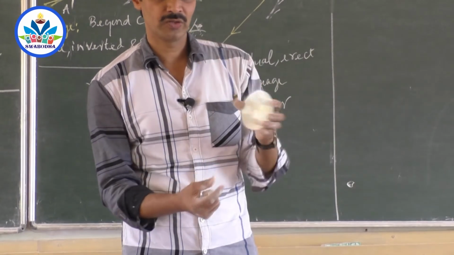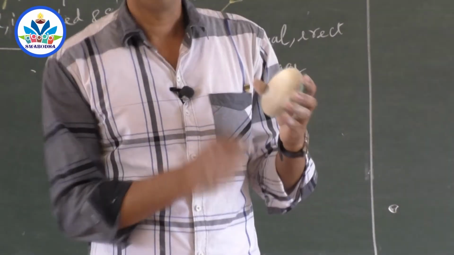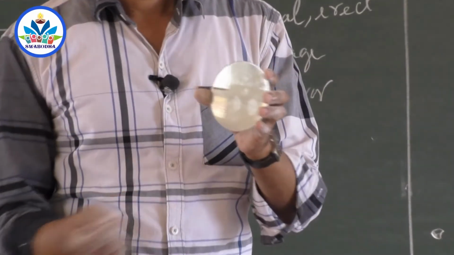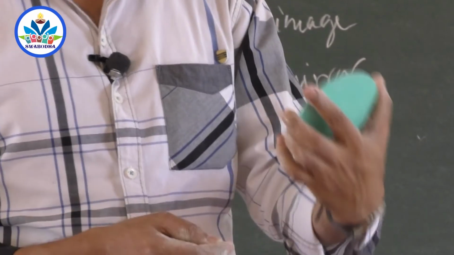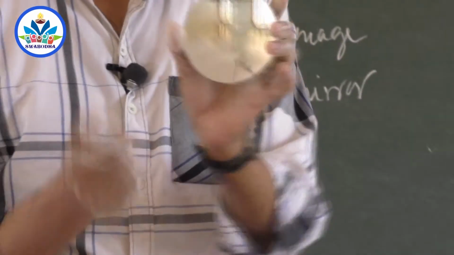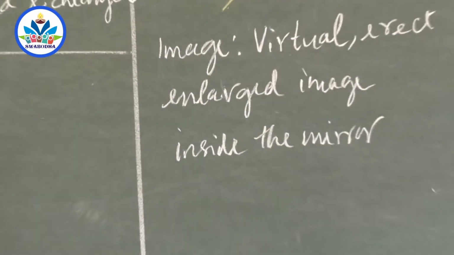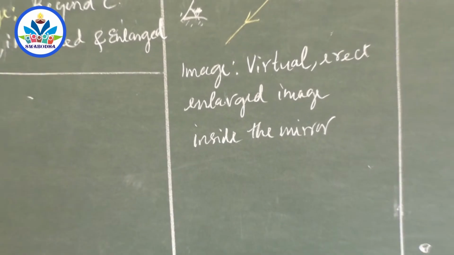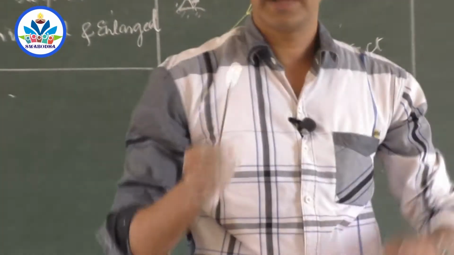When his face is very close to it, he can see his beautiful face and he can shave very nicely. Of course, it is used in all types of beauty parlors also. So ladies will use this, and you can get the enlarged image of the face. It is especially used by dentists. See, if you go to a dentist, dentists use concave mirror. So you remember this application, it will become very easy.